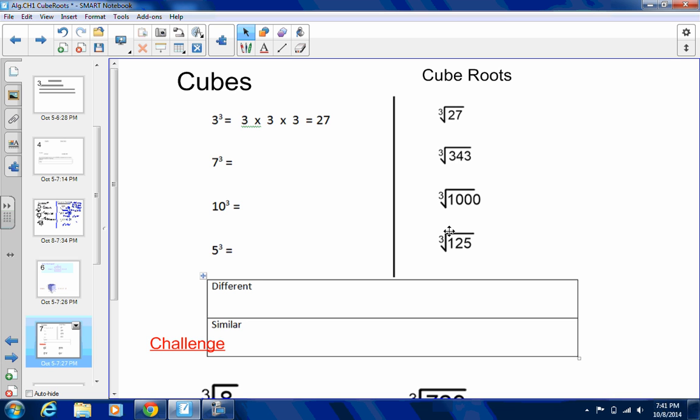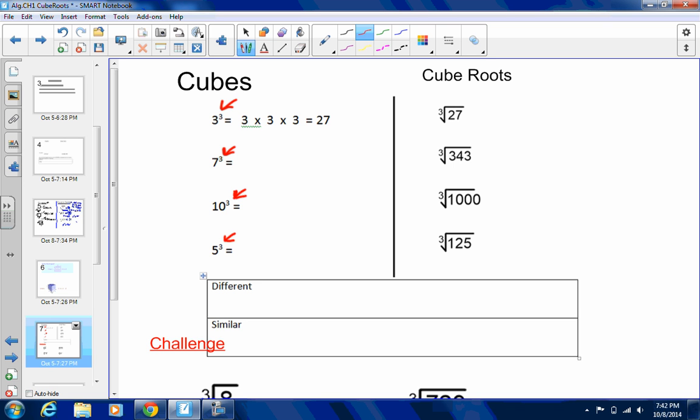If you notice, for cubes, cubing a number, it's called cubing a number because the exponent for this is always equal to 3. And if you know a cube, instead of being a square, it has 3 dimensions instead of 2. So if you cube a number, that means it always has an exponent of 3, which tells you to multiply that number by itself 3 times.